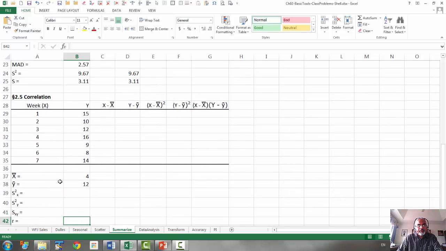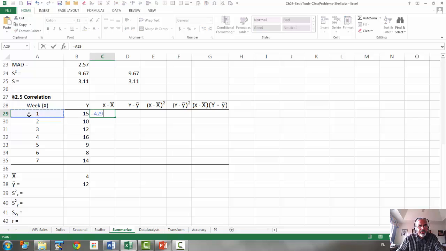Then we will do x minus x bar. So x minus x bar should always come from B37, so we have to make that absolute reference. And then y minus y bar. So here y minus y bar, and y bar should be absolute referenced.